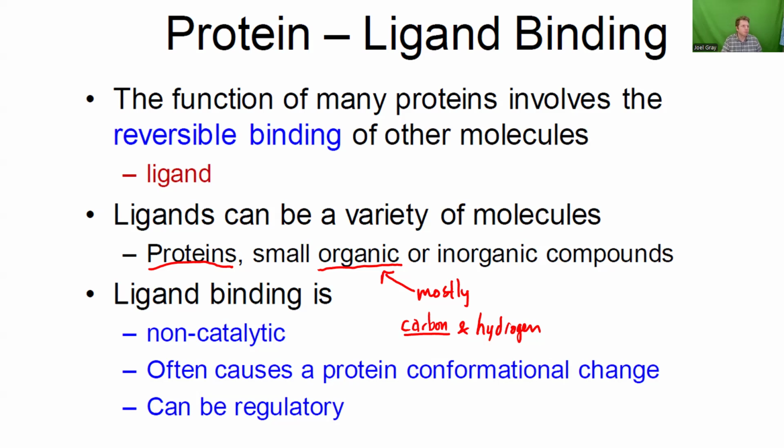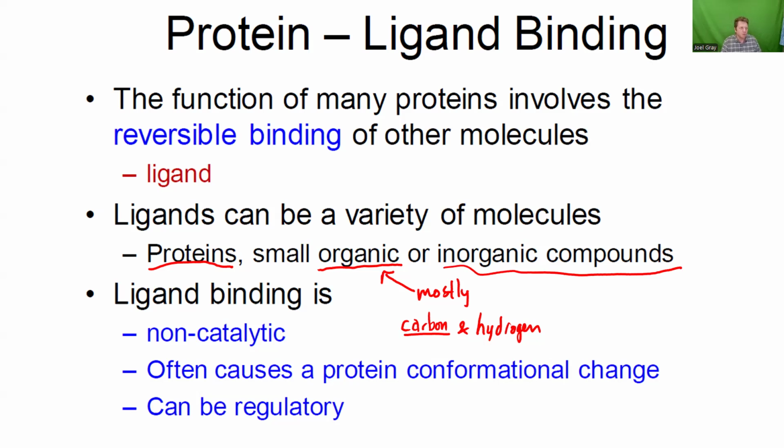We'll get there eventually. Okay, so in addition to a ligand being an organic molecule, a ligand could also be an inorganic compound. Now, you might be thinking, what's an inorganic compound? Well, you could look at an inorganic compound as something that is not mostly carbon and hydrogen, and you'd be right.